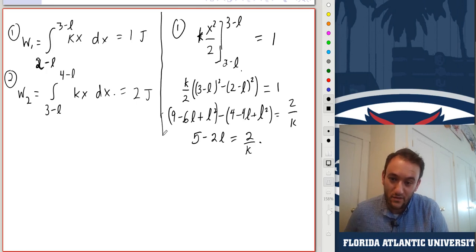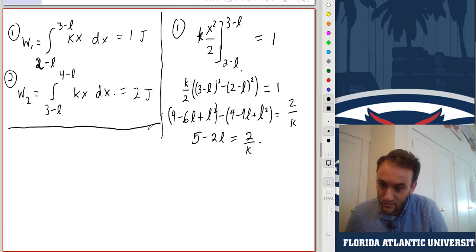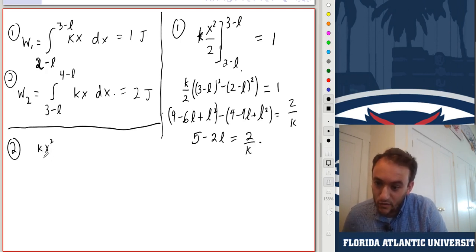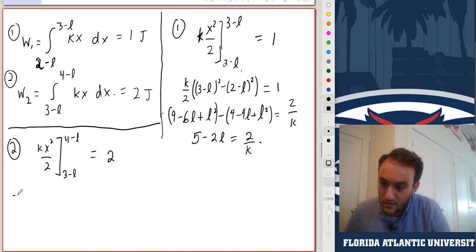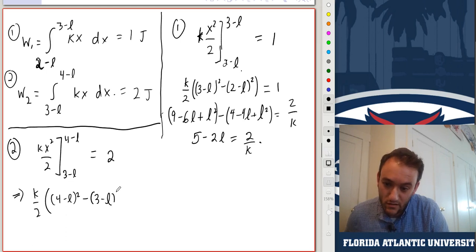And now we'll do the same for the second integral. So we know that, doing out this integral, we'll get k x squared over 2 from 3 minus L to 4 minus L equals 2. And again, double check your units, but everything lines up here. This means that we have k over 2 times (4 minus L) squared minus (3 minus L) squared equals 2.